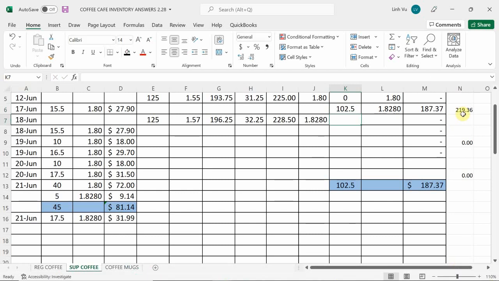So in this case, we had 219.36. We need to take the 31 from 219.36.